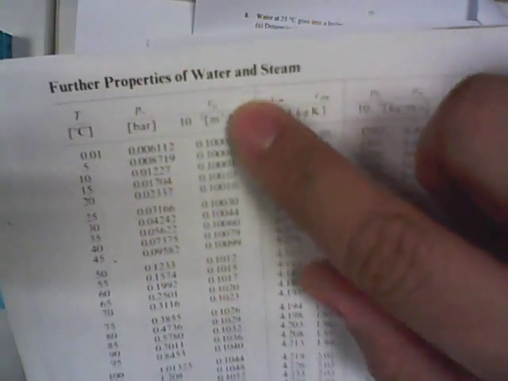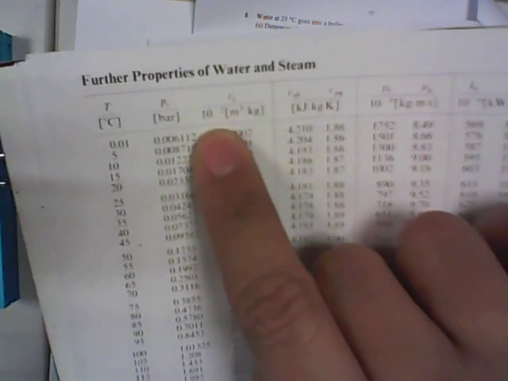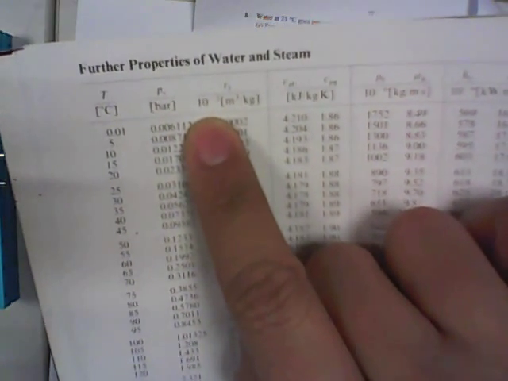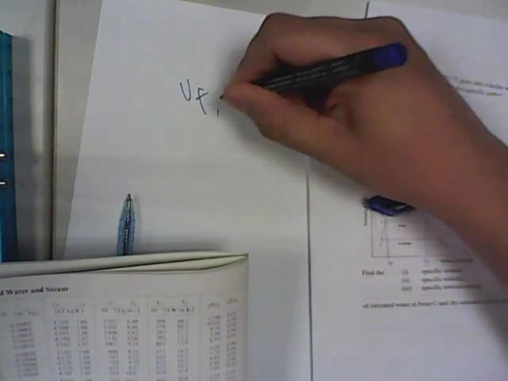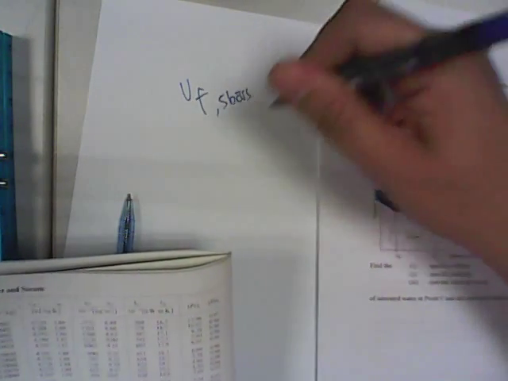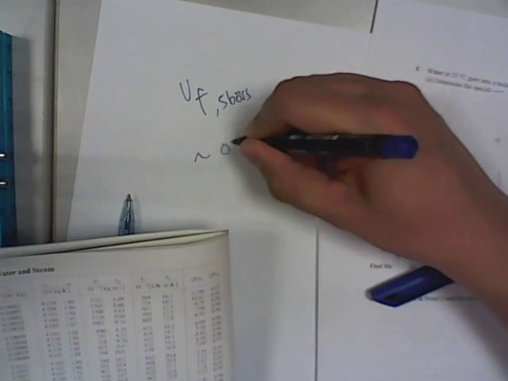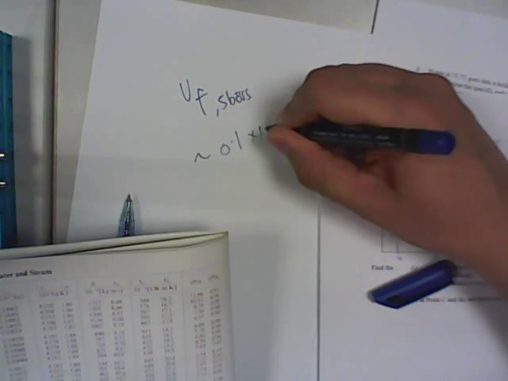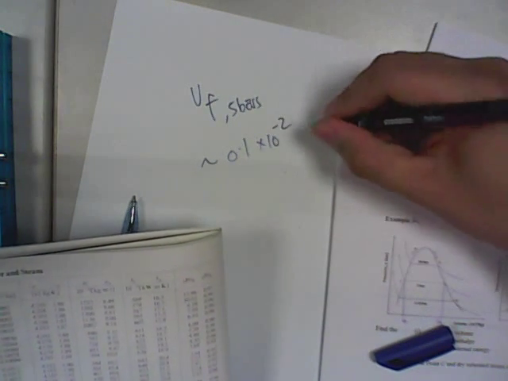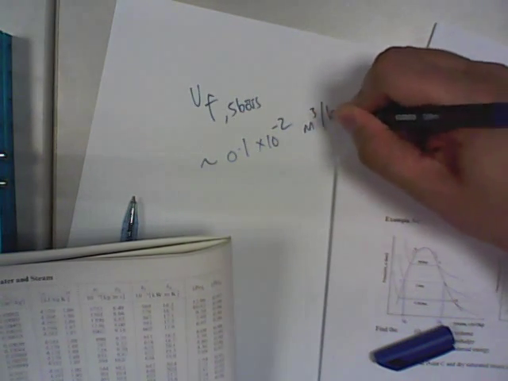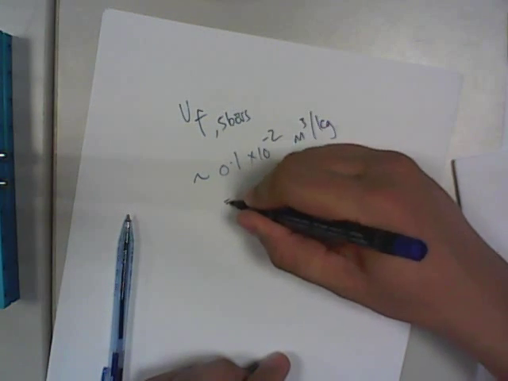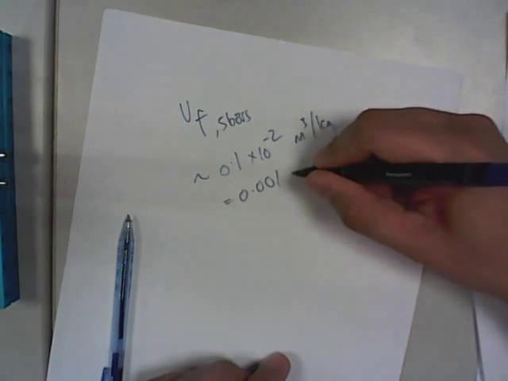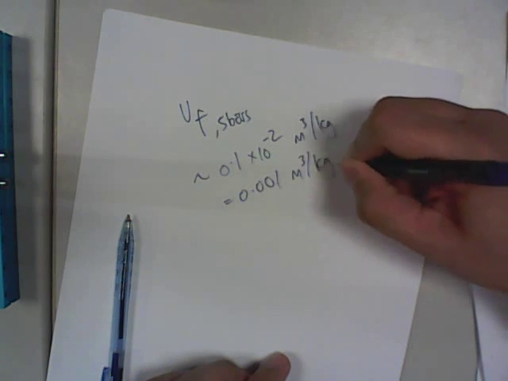The unit for VF is not just meter cube per kilogram, it also has a 10 to the power of minus 2. It means that your VF at 5 bars is around 0.1 something times 10 to the power of minus 2 meter cube per kilogram, which is also equal to 0.001 meter cube per kilogram.